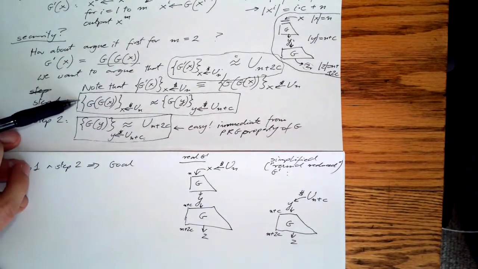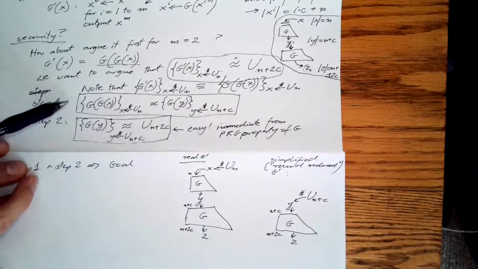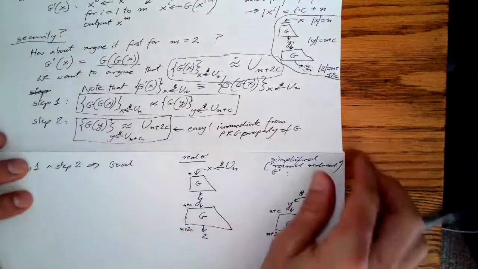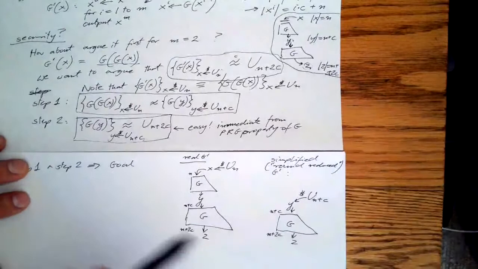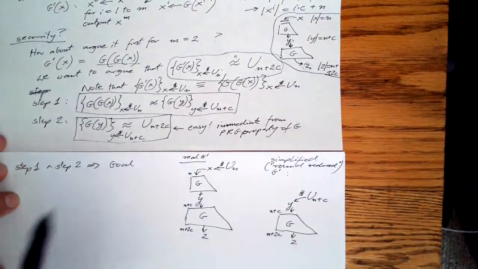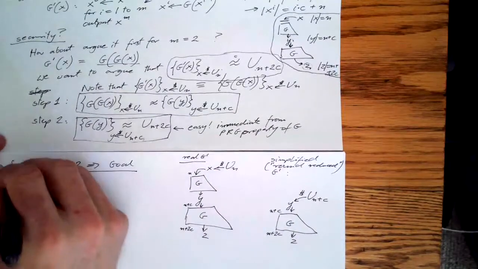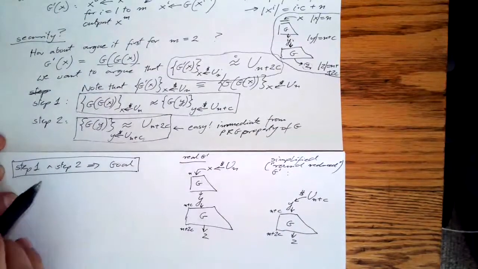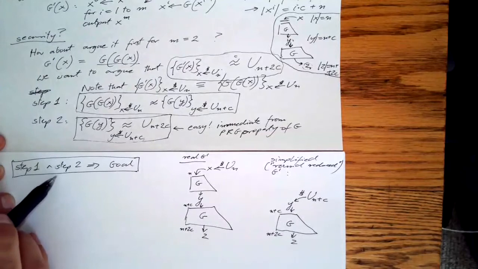Let's believe that this is true for a second. We'll come back to how to argue this. Let's first argue that this will be useful to know, and this will actually explain why I'm doing this.